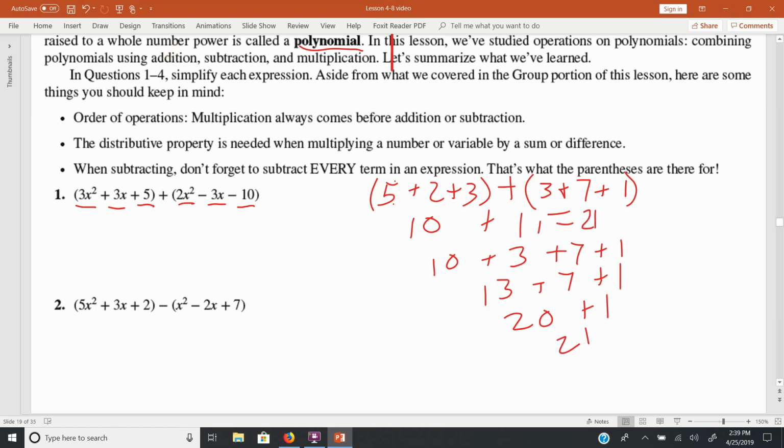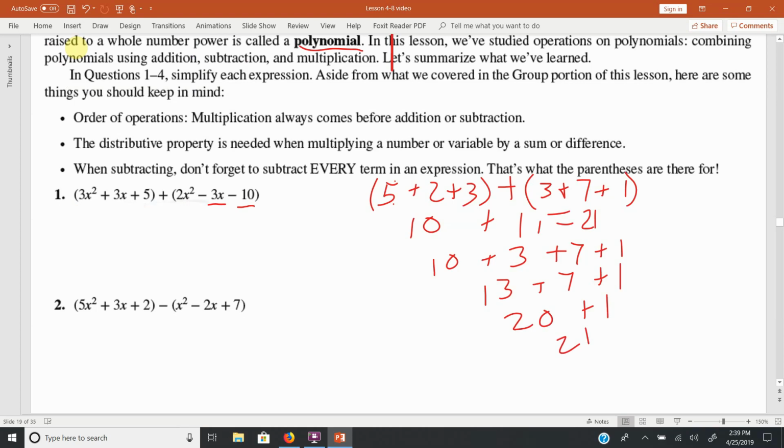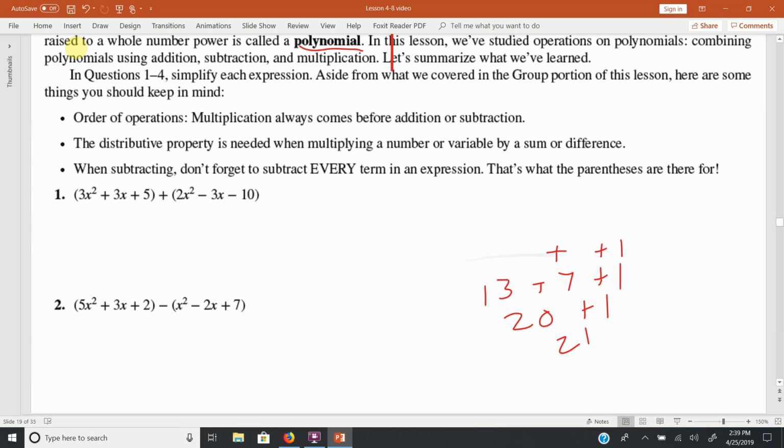So we know we can add things in any order. We don't have to do them in the order that PEMDAS tells us to do them. That makes our life a little bit easier with adding polynomials because it allows us to combine like terms.